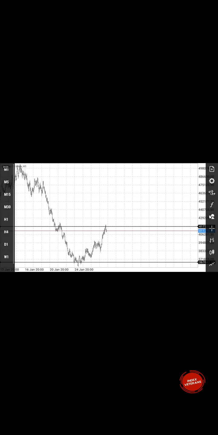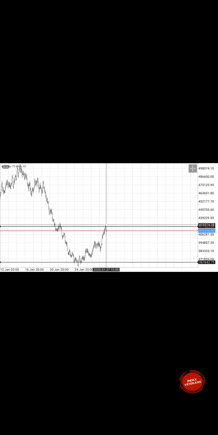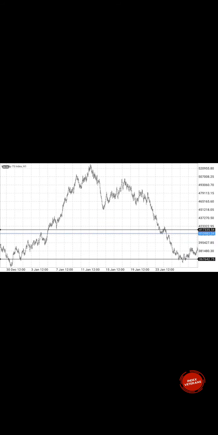Guys, the support and resistance is not a line, it's an area. So this whole area from here to here can be an area of support and resistance. We just use the line to mark it, but it's an area around this line, a few pips above and a few pips below. Just know that.